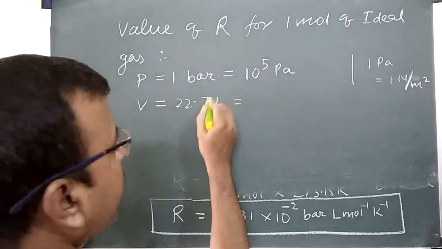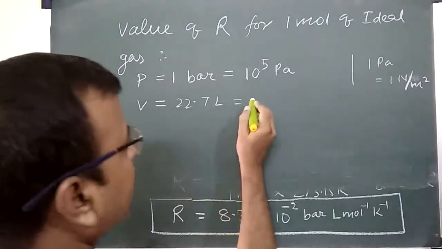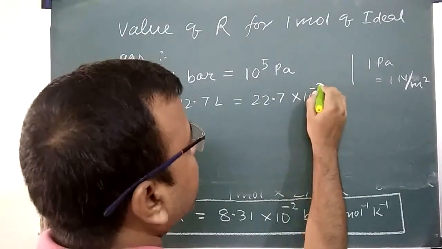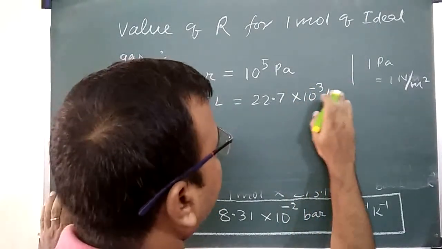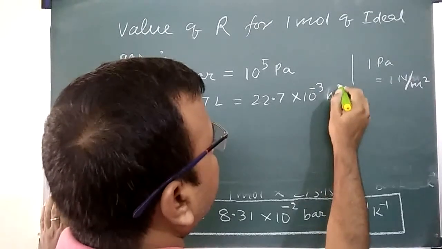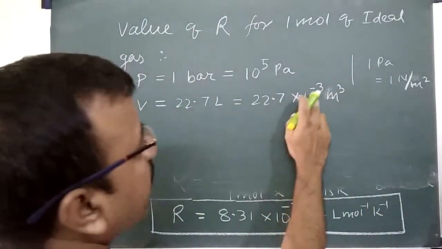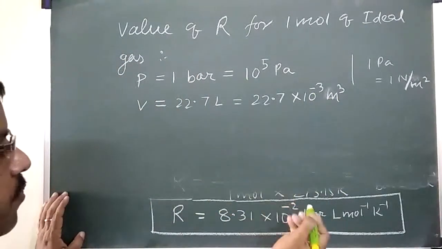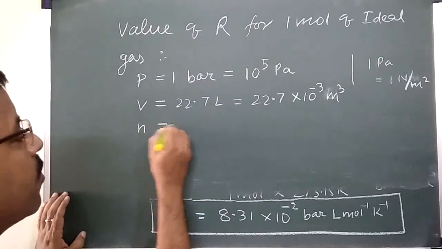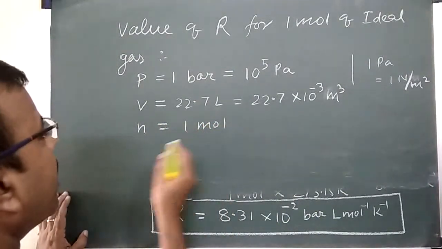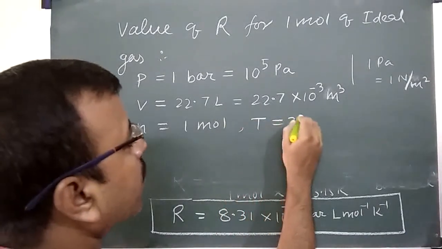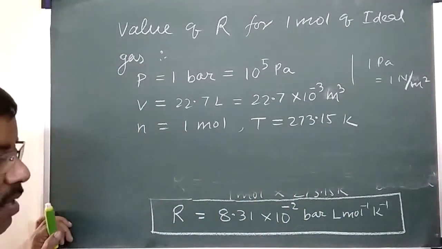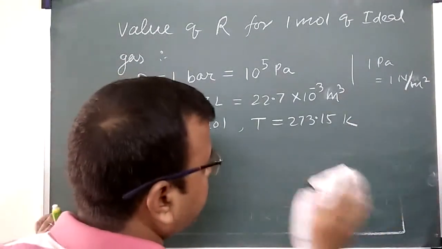In place of liter, if we write in meter cube, then what would be the value? 22.7 into 10 to the power minus 3 meter cube. 1 liter is equal to 10 to the power minus 3 meter cube. And number of mole is 1 mole, and temperature is 273.15 Kelvin.